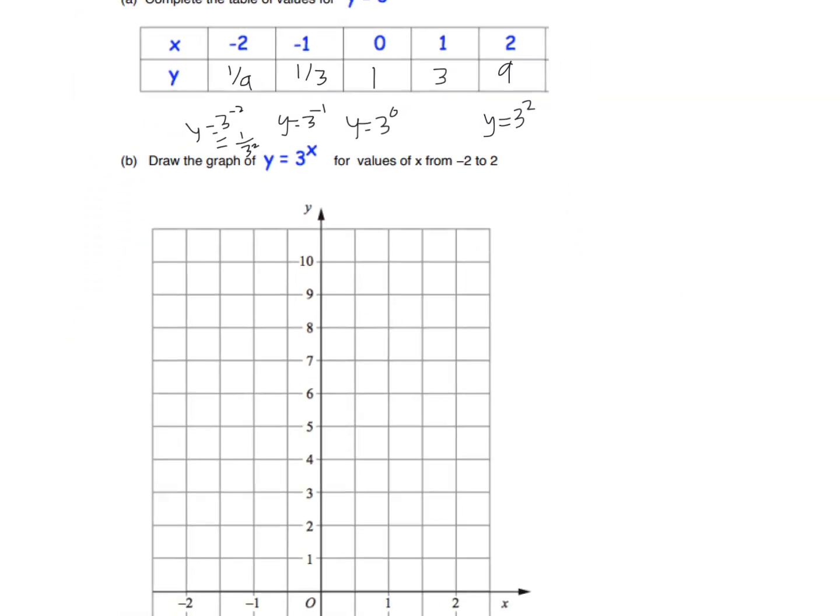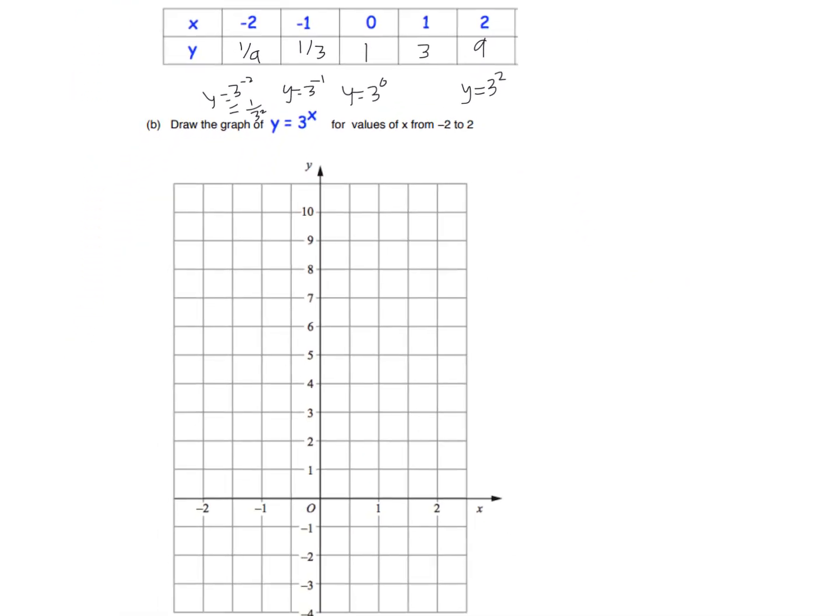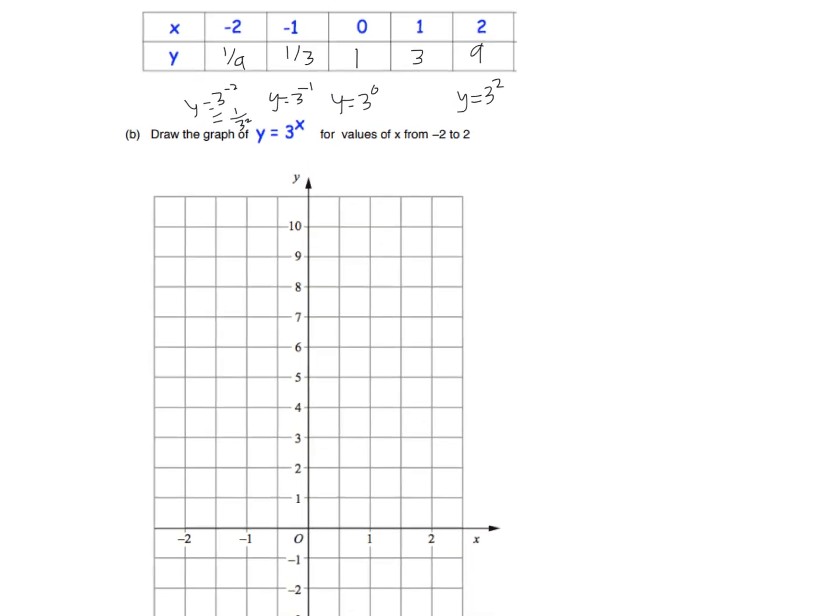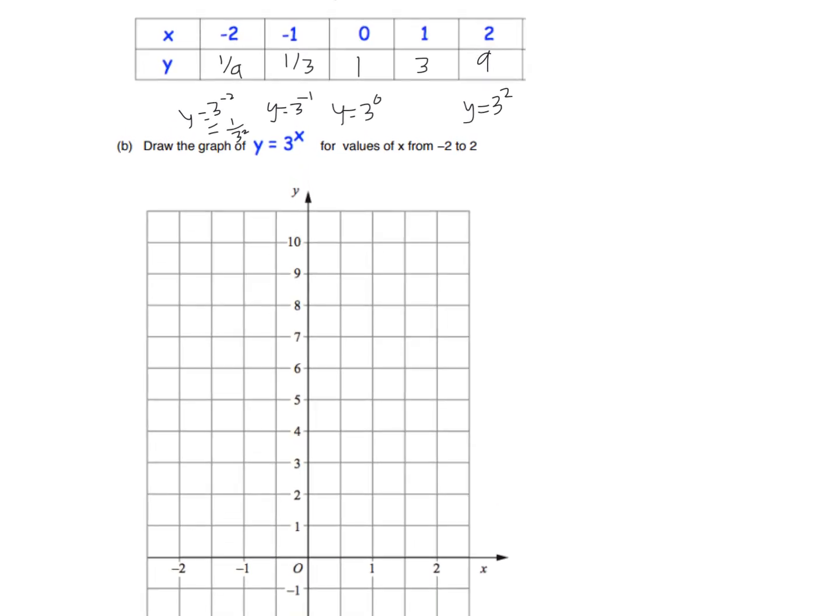Again, we'll start with the positive values because that's going to be easier to plot. So when x is 2, y is 9. When x is 1, y is 3. When x is 0, y is 1.